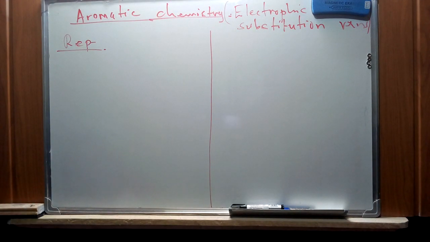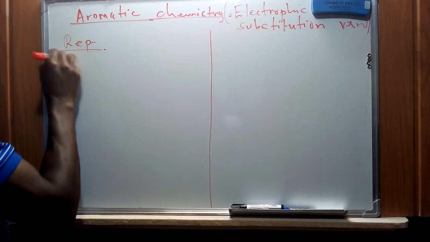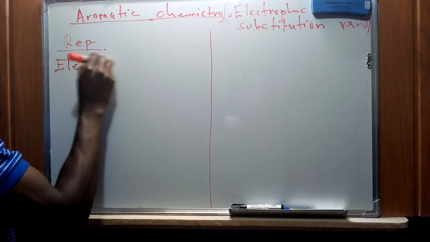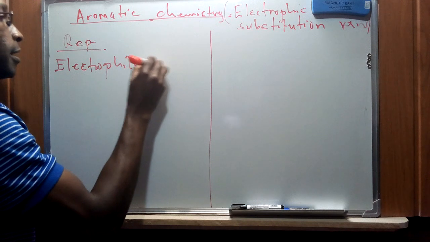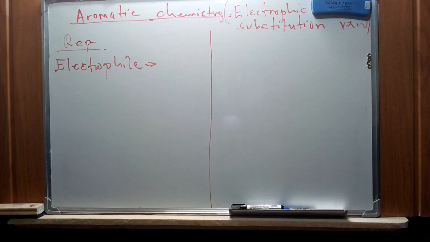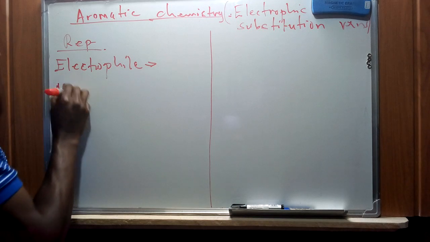I've mentioned a few terms that we're going to look at. The first one is an electrophile. This basically refers to an electron-poor species that will react with the electron-rich species, which we are going to mention later as the term nucleophile.